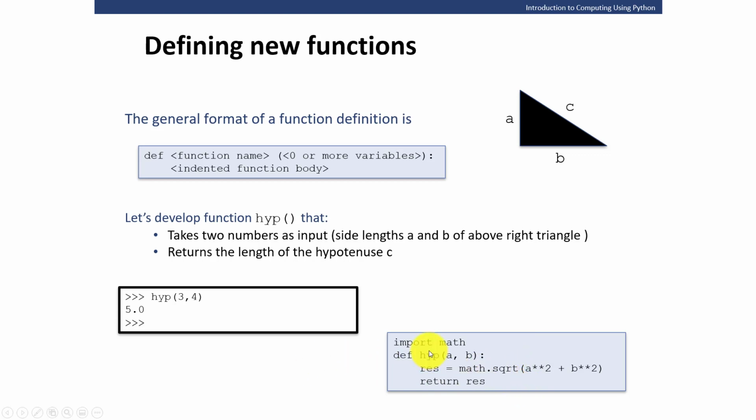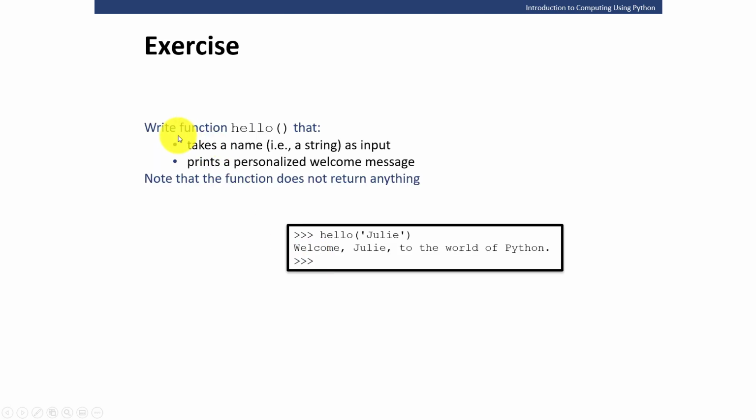Okay, so that's it. Now, write a function hello that takes a name as an input and prints a personalized welcome message. Note that it prints, so basically it doesn't do anything else. Okay, it doesn't do any return.